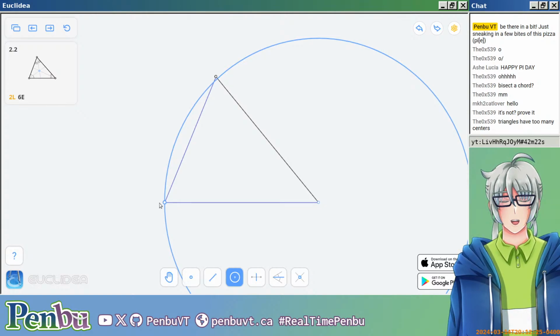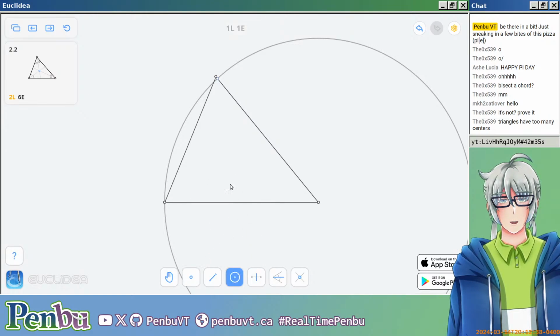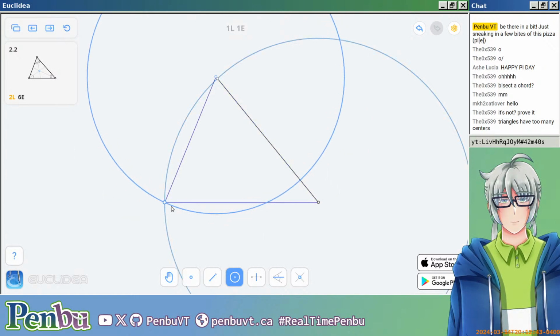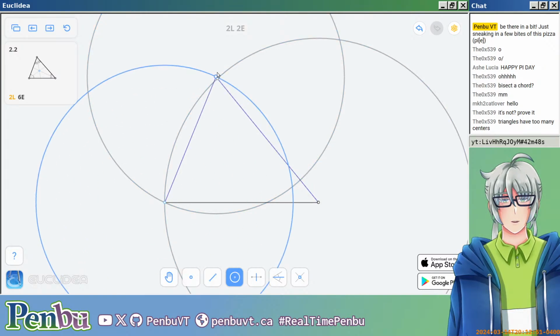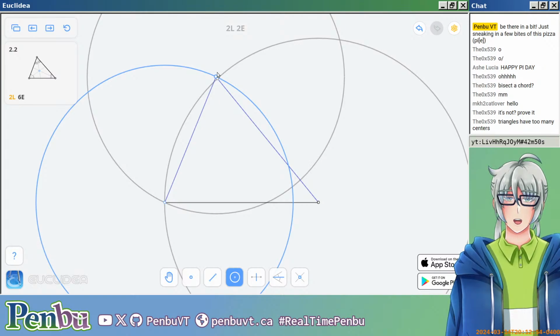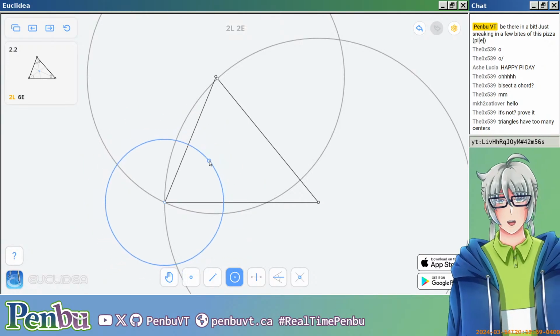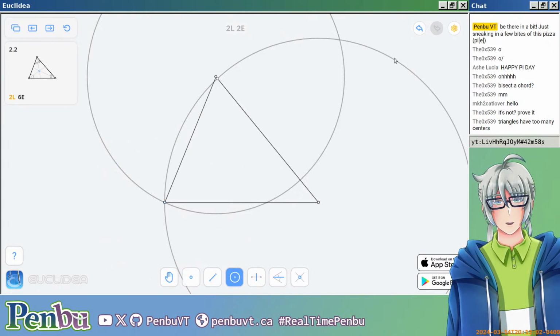So I guess we use the shorter side. The intersection there. So this gets us, not quite. Oh, actually, you know what? Maybe that is how you reuse it.